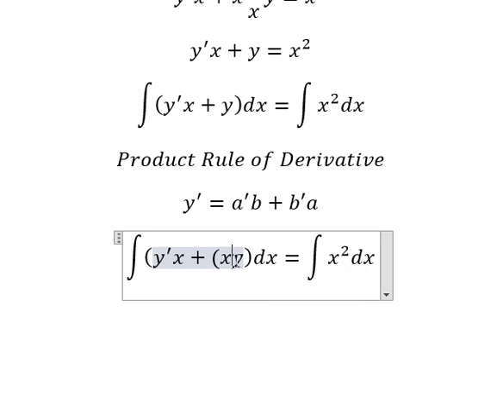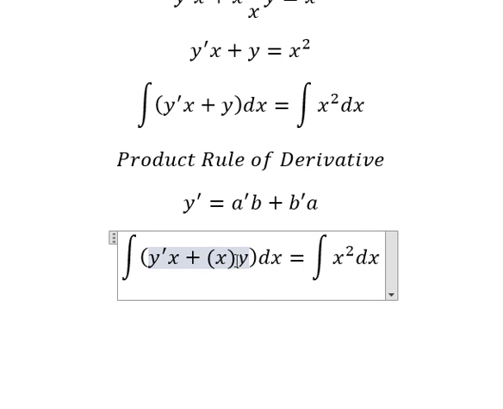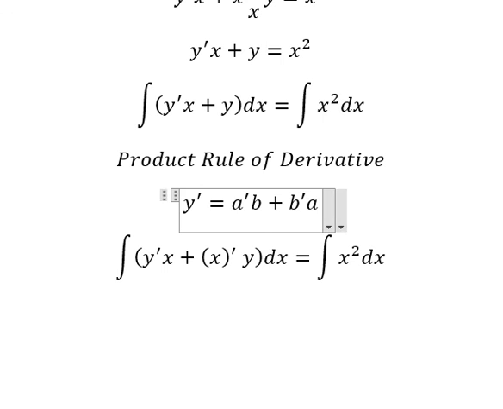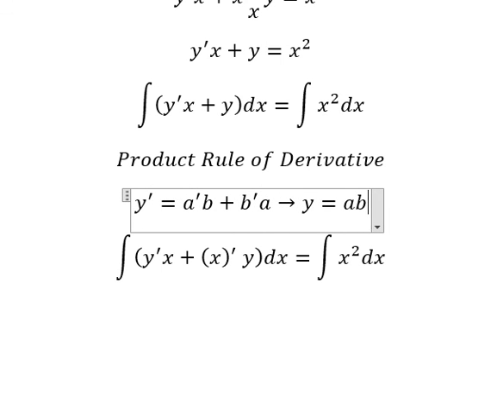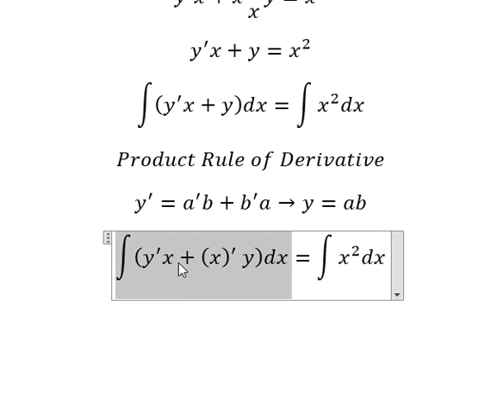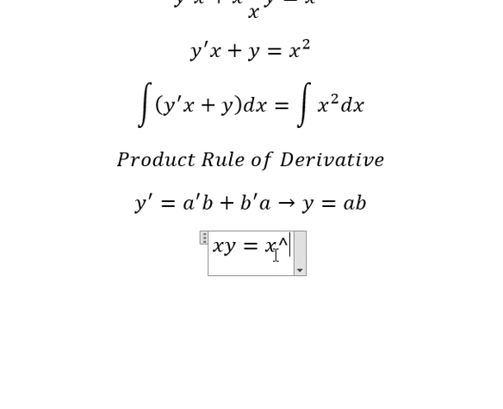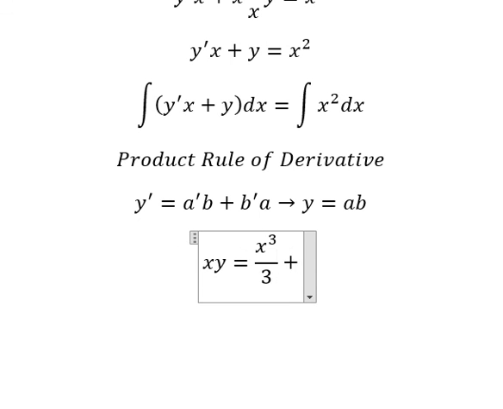This one we have the first derivative of b multiplied by a. So the integration of this one we have ab. So the integration of that one we have xy. This one we have x to the power of 3 over 3, and I will put plus c.